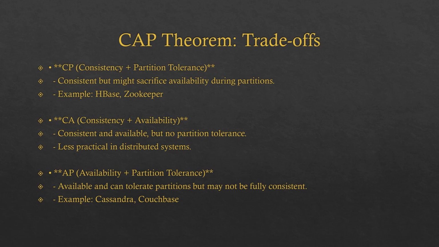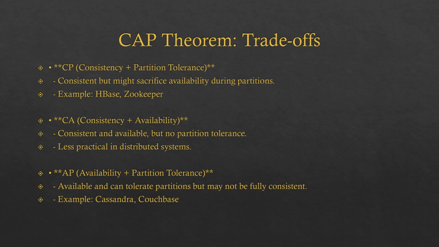Let's break down the trade-offs based on the CAP theorem. CP. Consistency plus partition tolerance. Systems like Tabspace or Zookeeper prioritize consistency and partition tolerance but may sacrifice availability during network partitions. CA. Consistency plus availability.